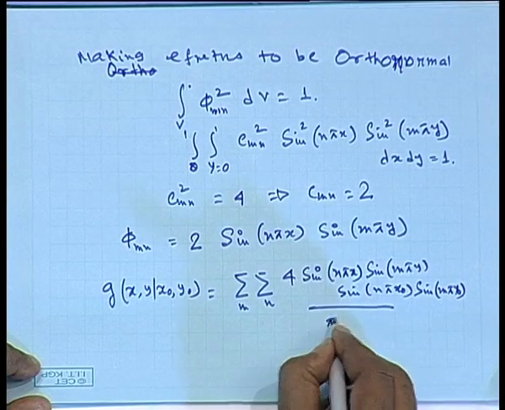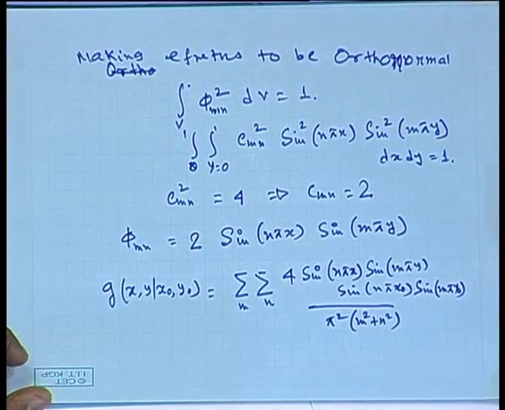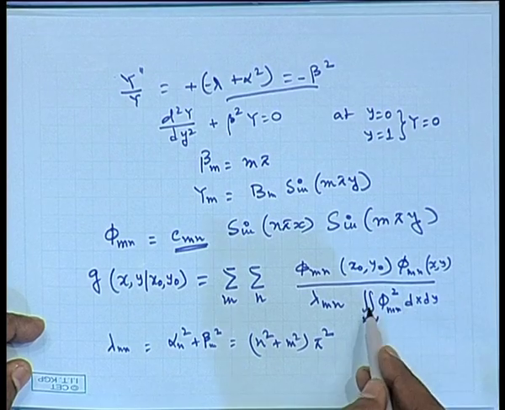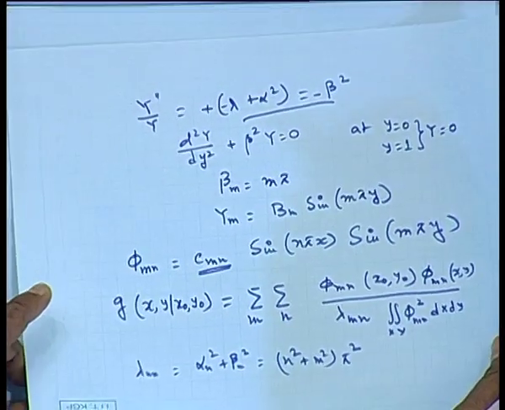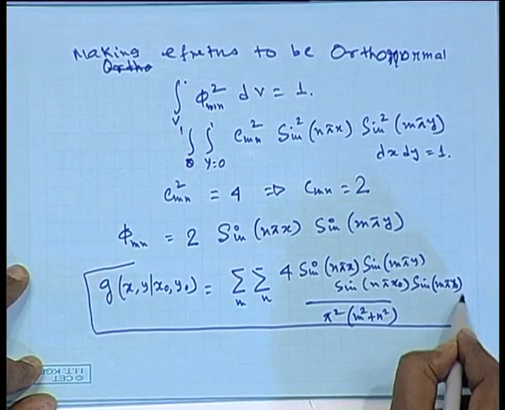Lambda m n is nothing but pi square into m square plus n square, and the integral in the denominator will become 1 because we have forced the eigenfunctions to be orthonormal. So, that will be your final expression of Green's function for this problem.